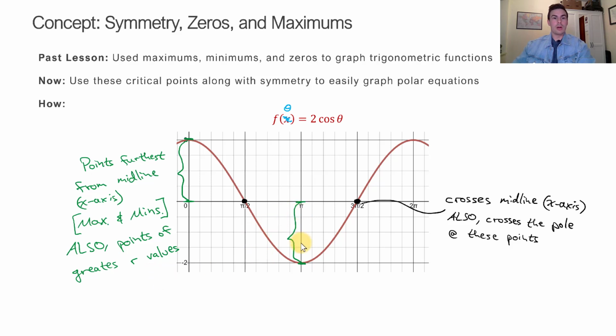So when our r is maximum and when our r's are 0, we can pretty easily plot those points, okay? And whatever this value is, that is actually that greatest r value. So in this case, it goes up 1, 2, so the amplitude is 2, and so the maximum r value in our polar curve would be 2, okay? So that is that concept.